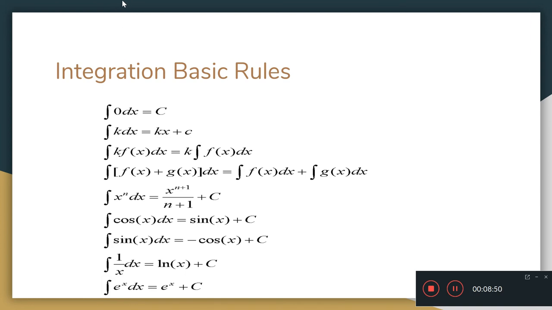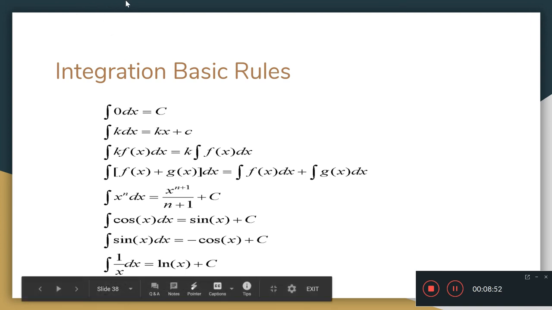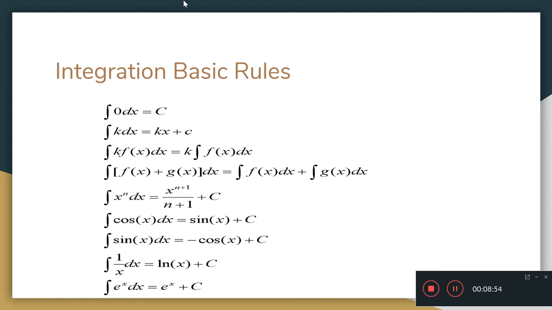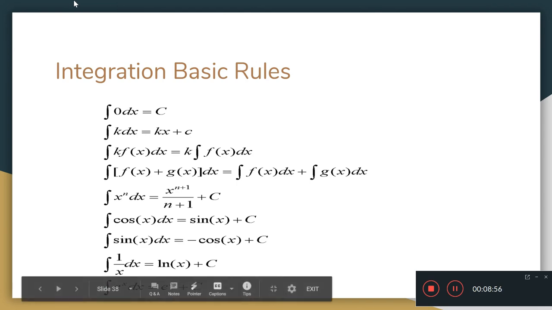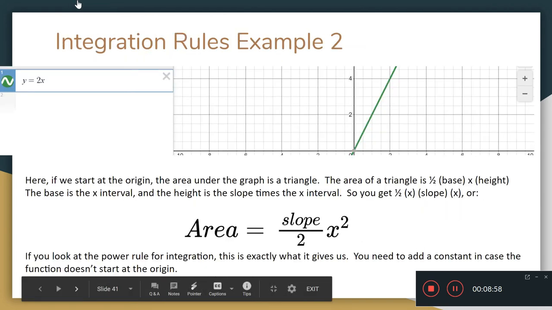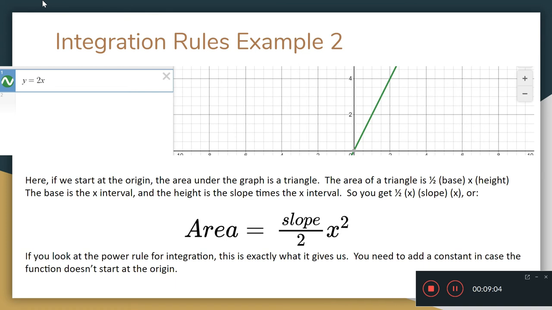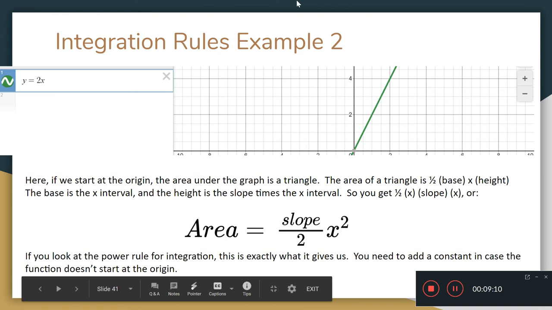What we would do is raise the power by 1 and divide by the new power. So right now it's 2x to the first. We raise that to the second power, we get 2x squared, and divide by 2. And if you look here, the slope is 2, x squared divided by 2. It's the same exact thing.